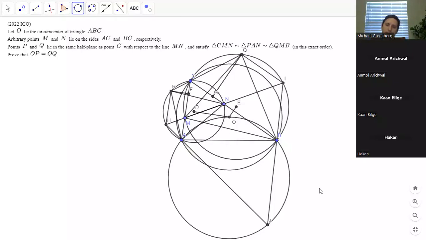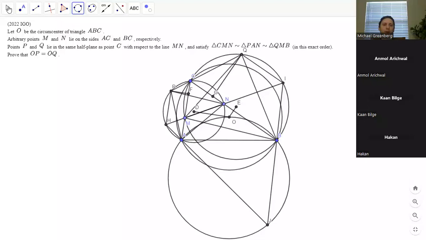And then once we know that that's cyclic, so OA equals, so yeah, I guess it's kind of obvious that AOBJ is cyclic because JO bisects, well, okay.